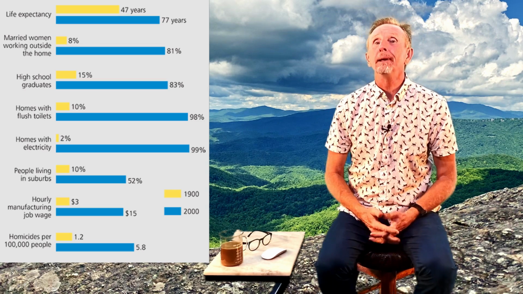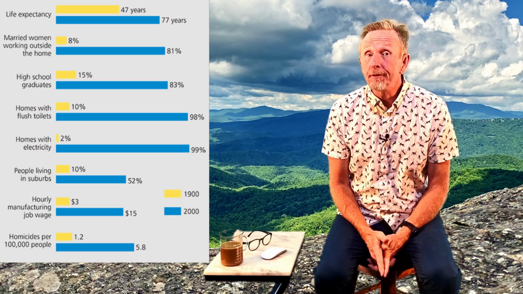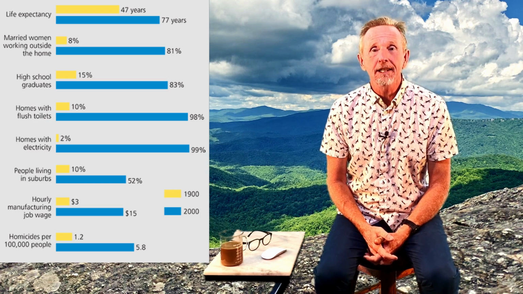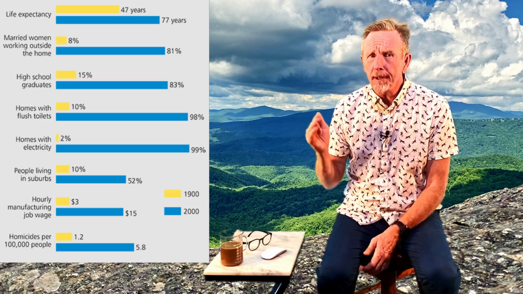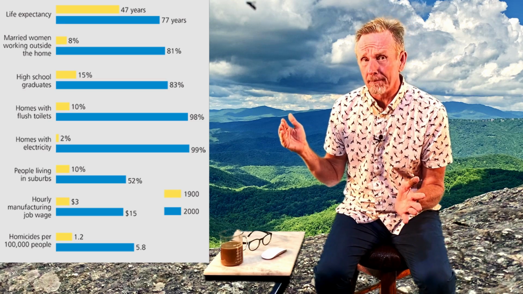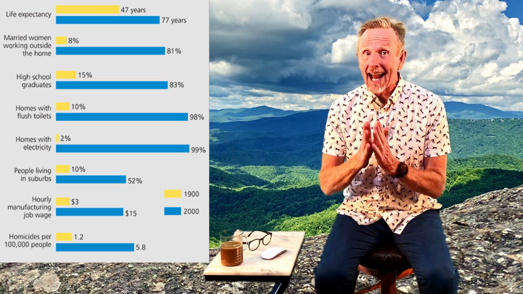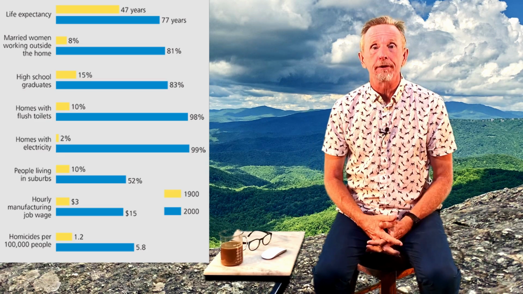Let's look at some of these big differences in the U.S. population. Life expectancy. If you were alive in the year 1900, the life expectancy was 47 years old. Sure, some people lived to be longer, but a lot of people died much sooner. 47 was the life expectancy, the average age somebody in the United States died.